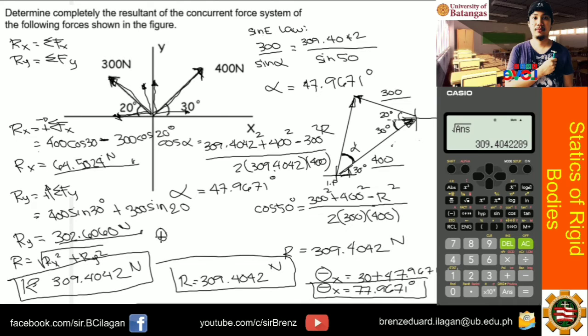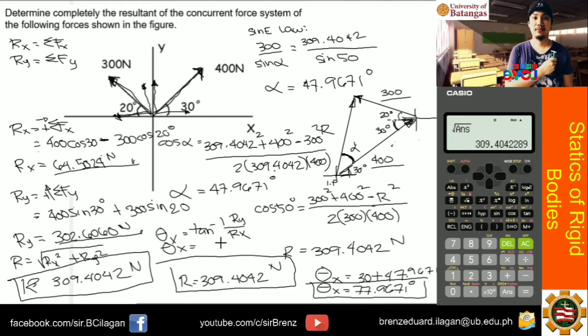Theta can be computed as, I moved it to the other side, tangent of theta x, so it becomes the arctangent of Ry over Rx.